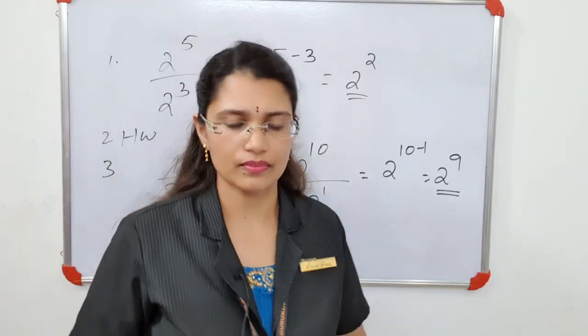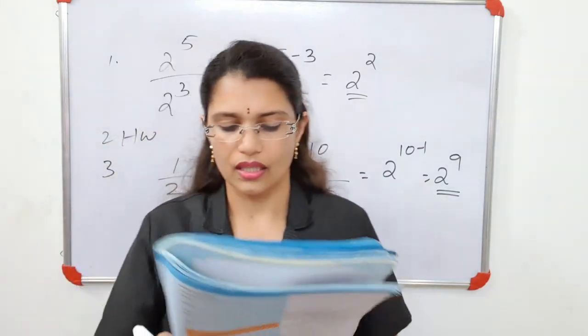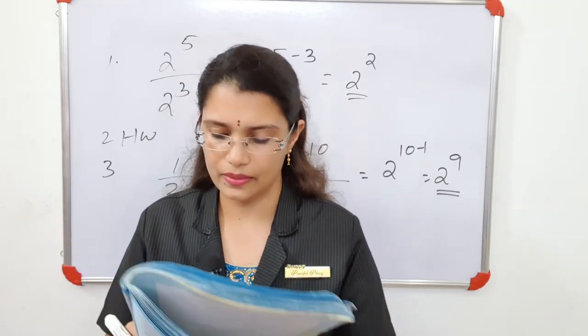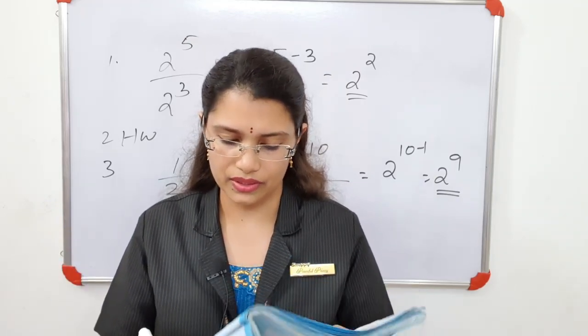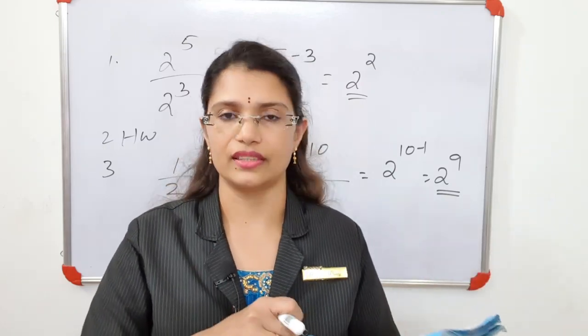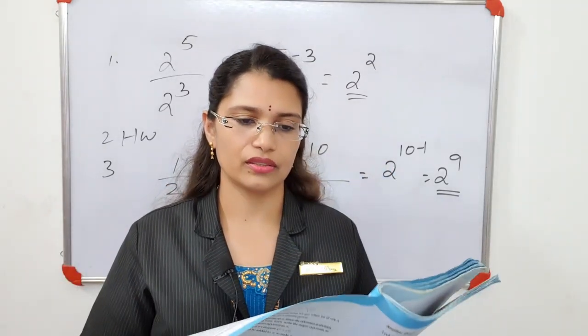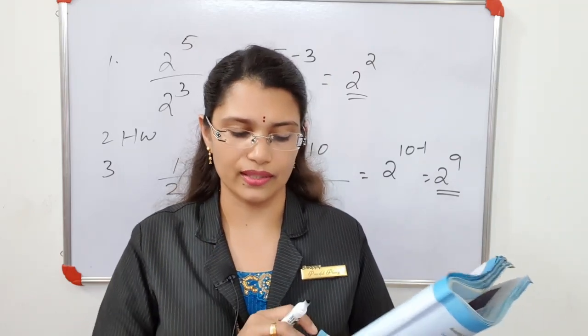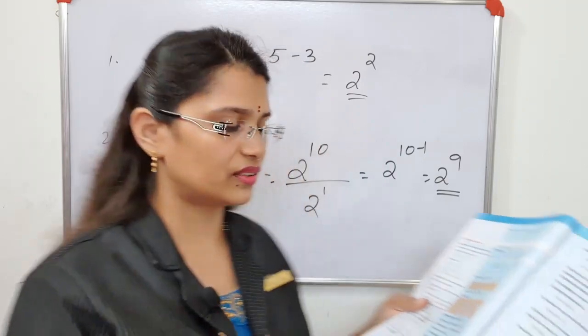Okay. Then look at the table of powers of 2 on page 58. Using it, can you compute these quotients? Again 64 divided by 16. In the previous page, we have done 16 into 64. Here 64 divided by 16. So what is 64?